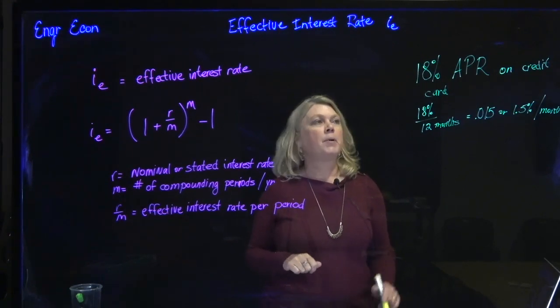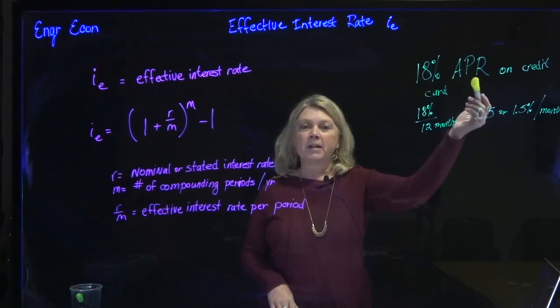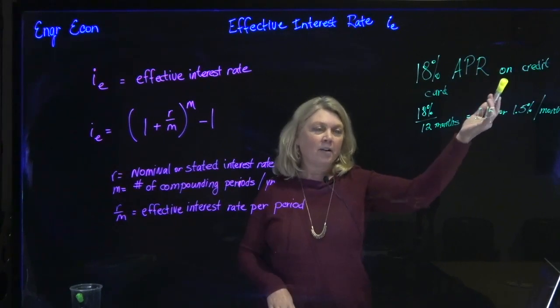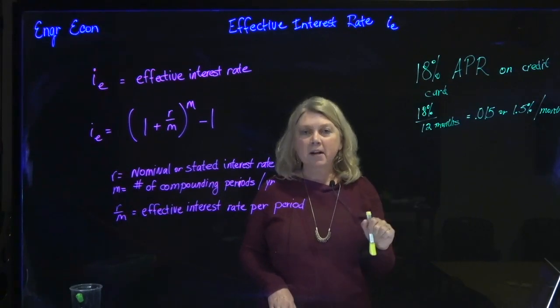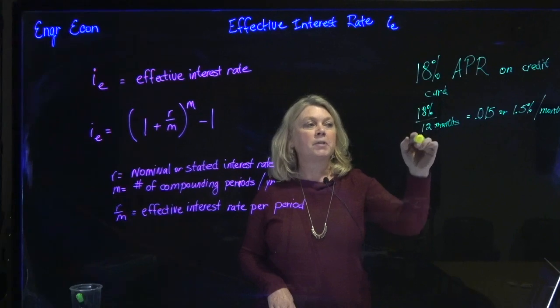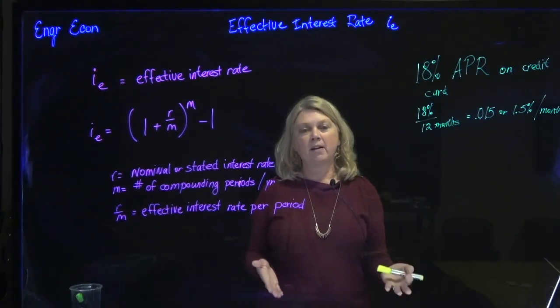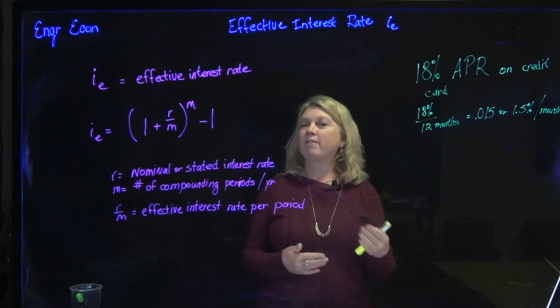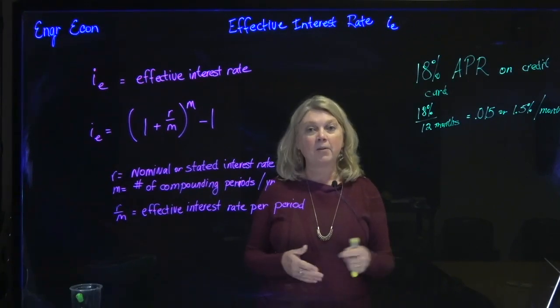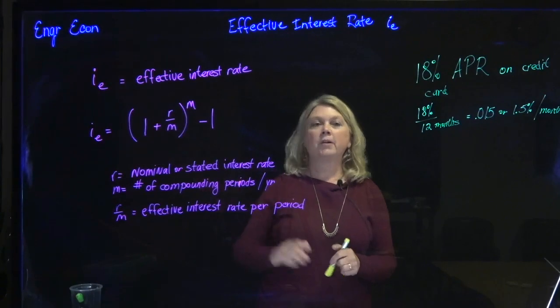Let's look at an example. We just said we have 18% APR. Maybe it's on your credit card agreement. And interest is compounded monthly, so 18% divided by 12 months is 1.5% interest per month. Let's see what that effective interest rate is on an annual basis. So we'll use this formula right here.